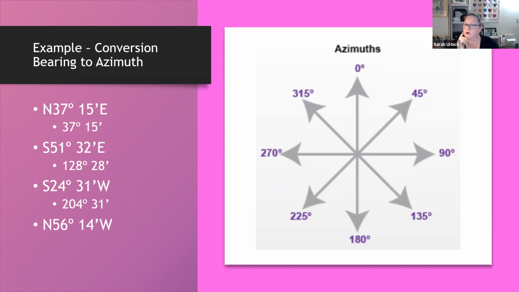Enio, what way did you go about coming up with the 204? I added the 24 degrees to 180, and then threw the minutes at the end of that. Perfect. That's exactly it. Add it to 180, subtract it from 360.